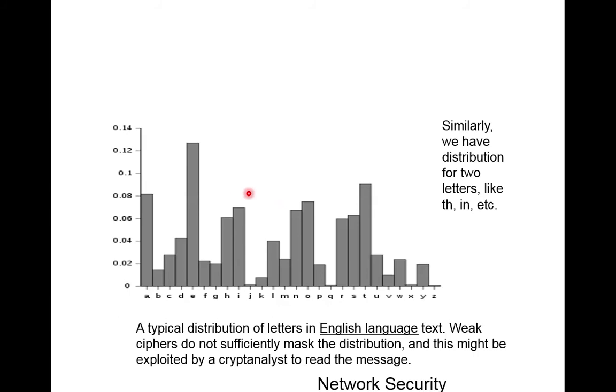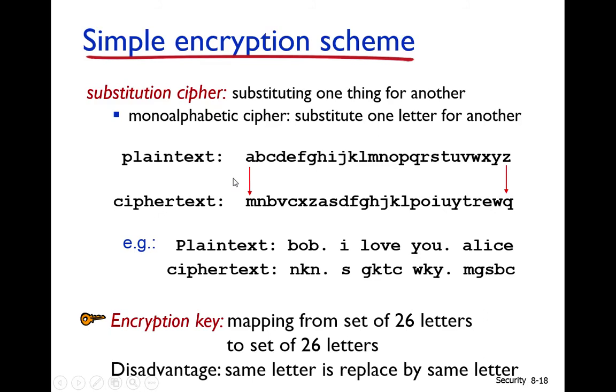So in order to avoid this problem: up to now, in the substitution cipher that we are discussing, each plain text character is replaced by a fixed ciphertext character.